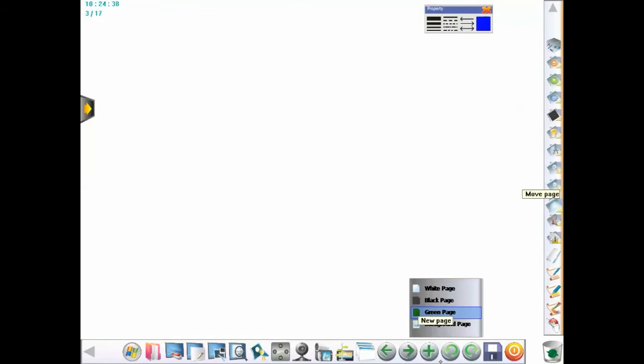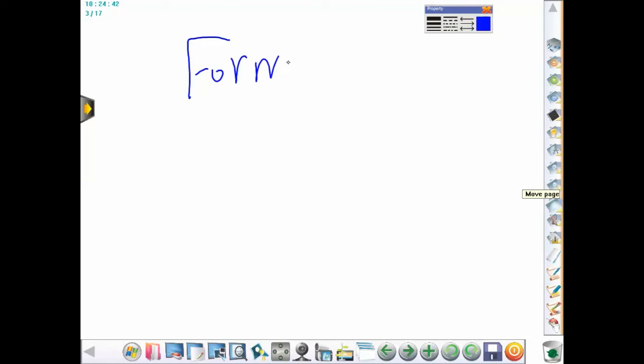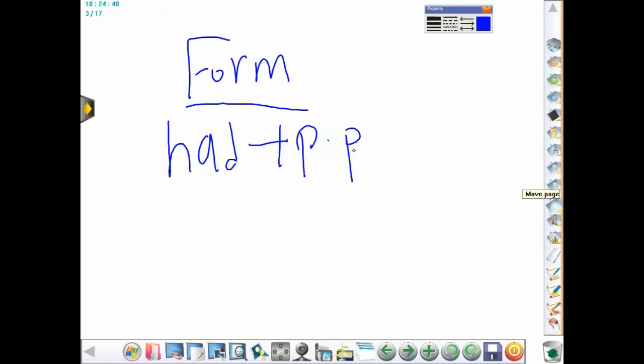So, how can I form it? The form of the past perfect, I simply write had plus past participle. And we studied before how to get the past participle of the verb. If the verb is regular, like the verb study, the past participle is going to be the same as past simple.